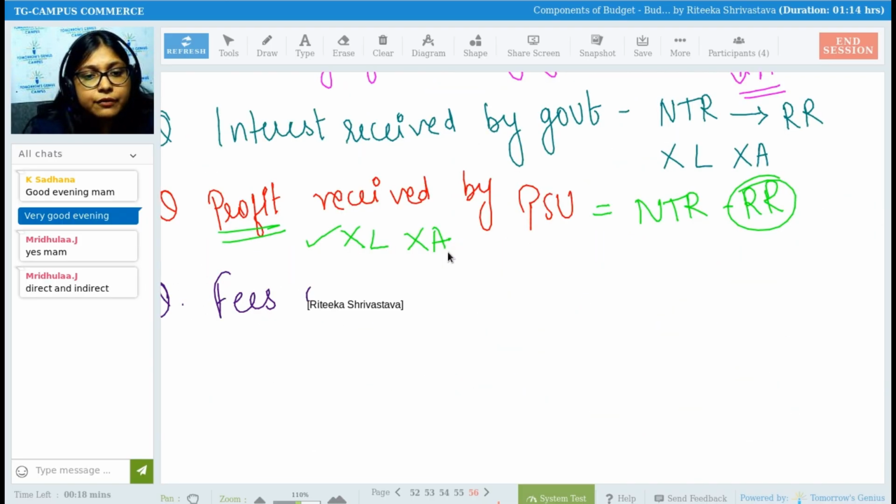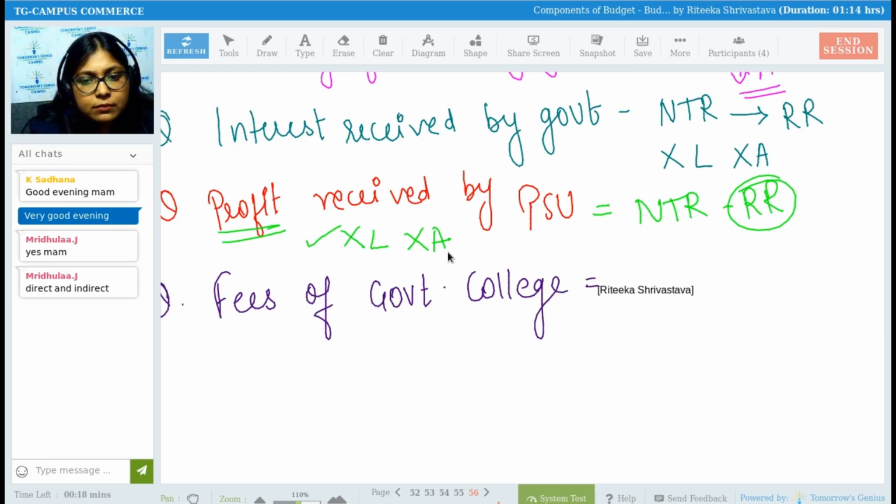Last, fees of government college. Fees received by government from a government college.